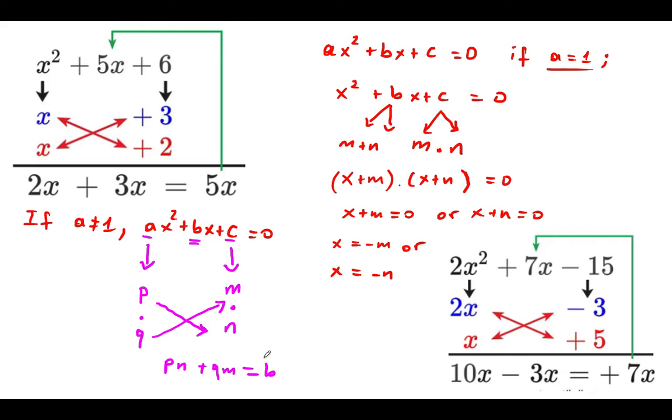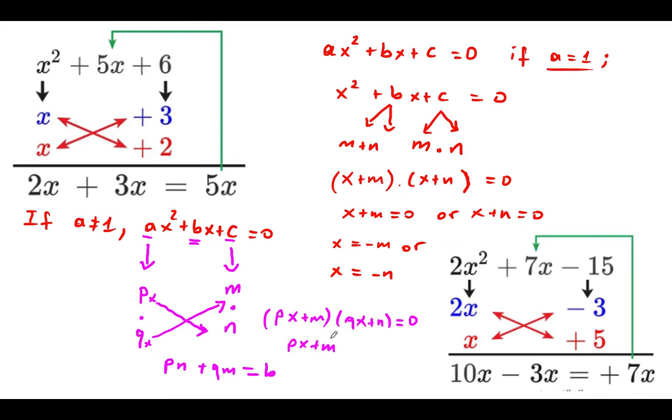If these are satisfied, this is x squared, so we put x here and x here, and we write px plus m times qx plus n equals 0. And then factorization is finished.